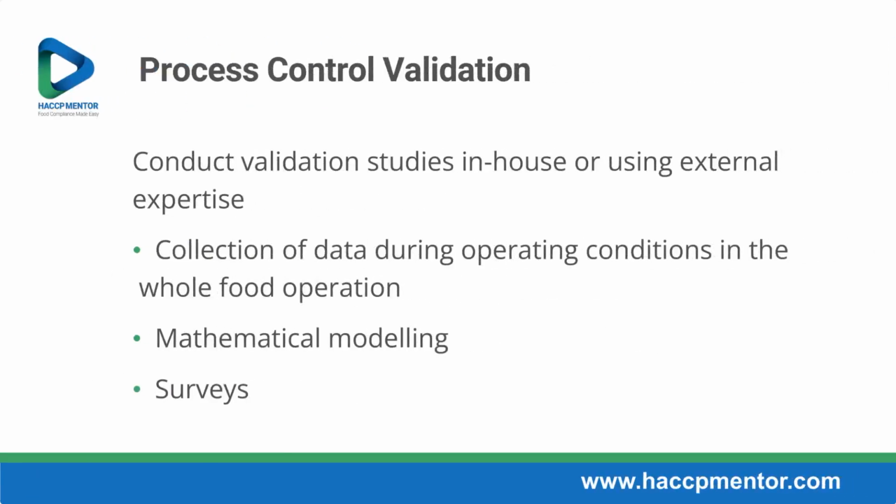Our next type is process control validation. This is where your food business does the actual product testing to establish that the critical limits that you have chosen are going to work. When you do process validation, you need to make sure that you've got a sufficient amount of data to support your findings.